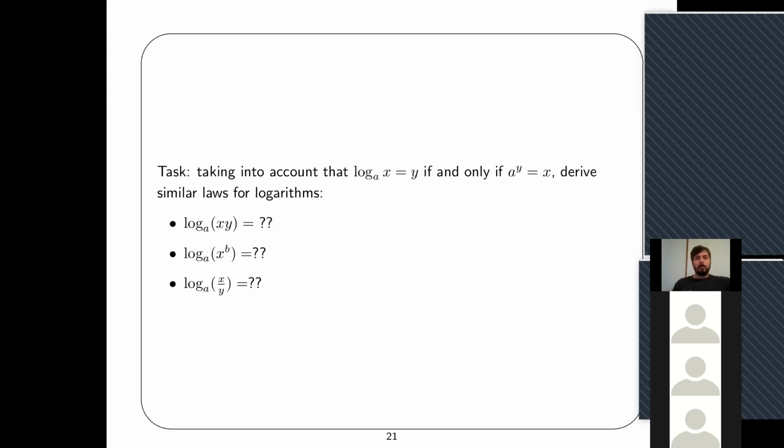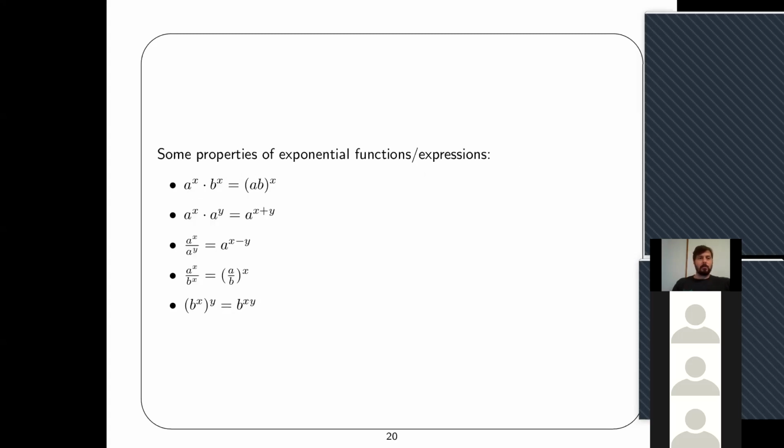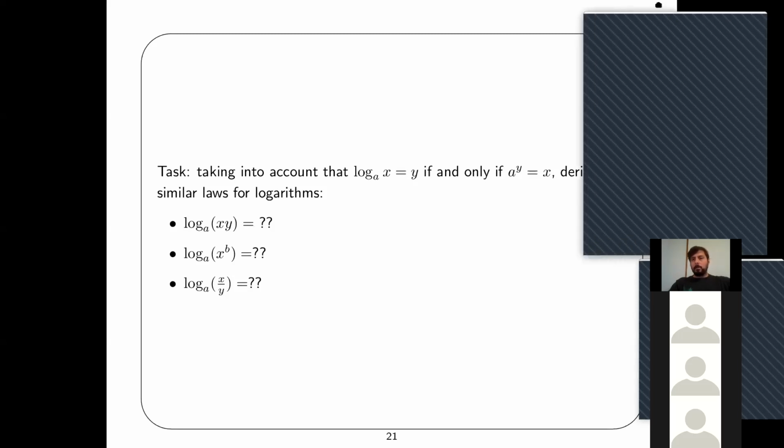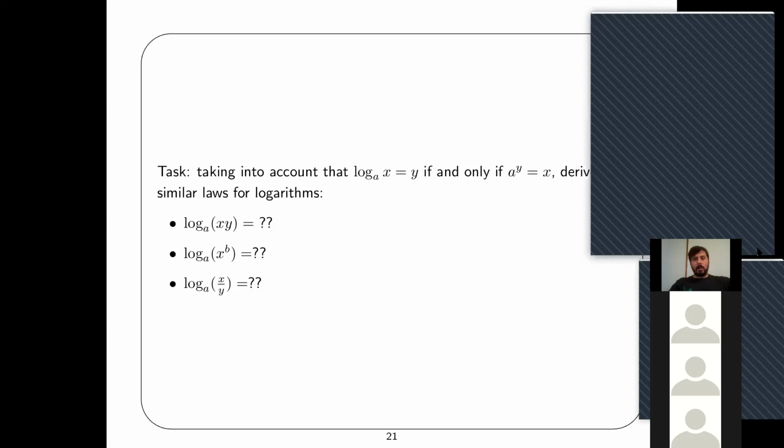And then using similar reasoning that we know from here, what do you know about the logarithm? I'm assuming that you know how these go, but try to see if you can derive them. And this will be the last group session for you guys. So I'll put you into these groups and you'll have a few minutes.